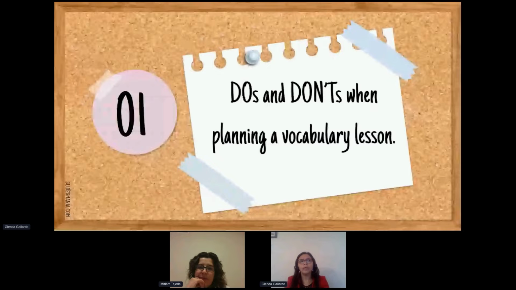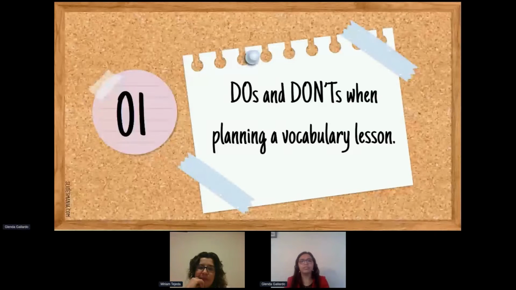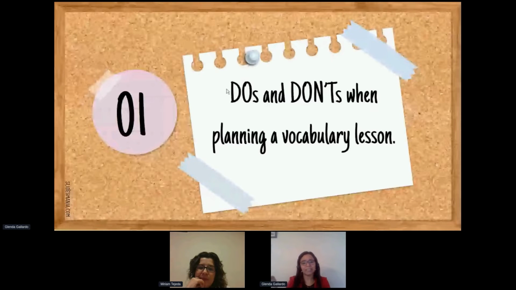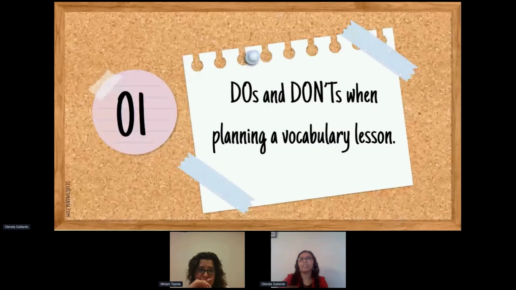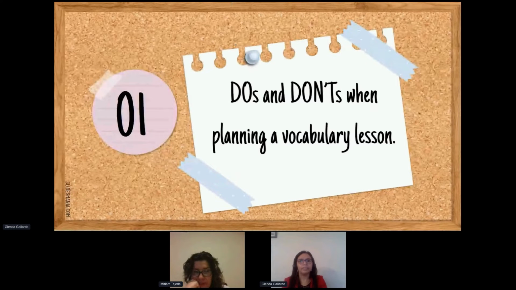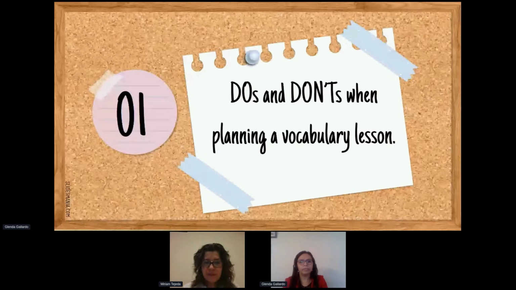I'll show you some sentences, and you have to choose if it's a do, this is what we should do, or if it's a don't, something that we should not do when we are teaching vocabulary. So let me share the Kahoot.